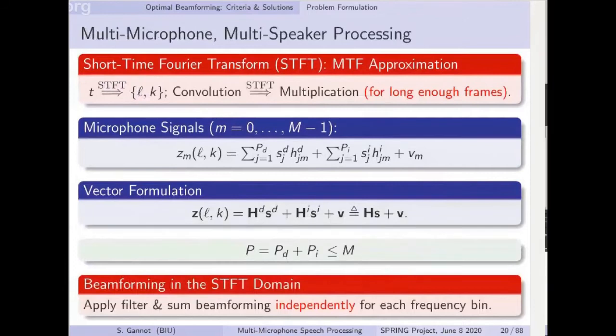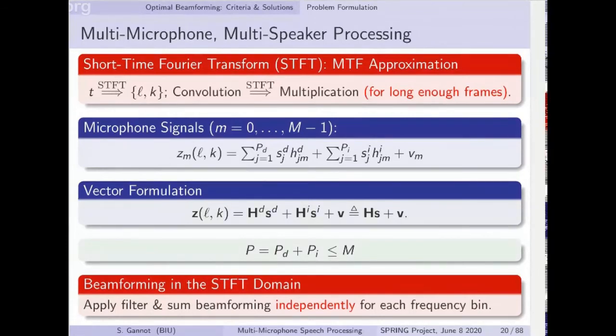I will discuss now some of the criteria of multiple speakers, but first I want to have an official introduction of what we have here. Of course we have signals in the time domain. We transform them to the short-time Fourier transform domain and have l and k, which are the frame and frequency indices.